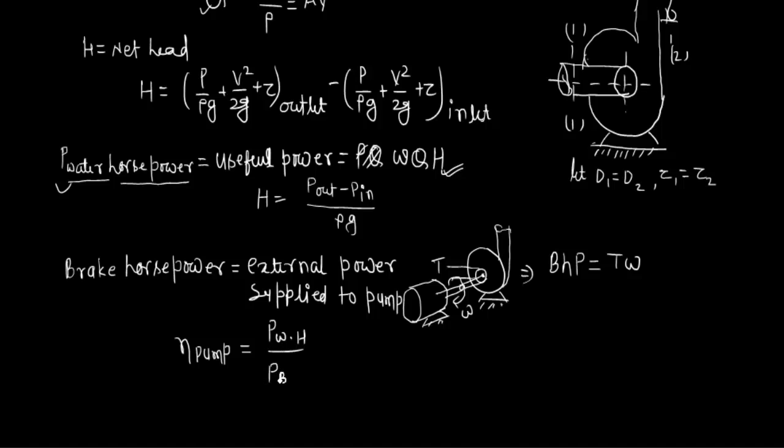The water horsepower is WQH, and the shaft power, the brake horsepower, is T times omega, that is, torque times angular speed. This is defined as the efficiency of the pump.